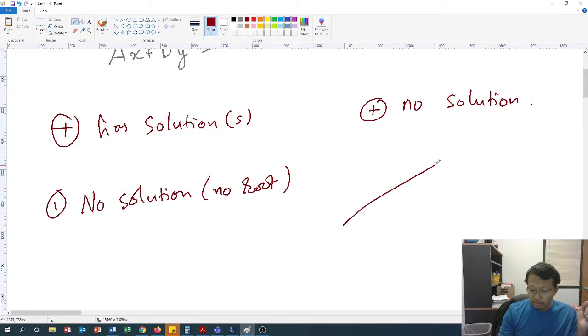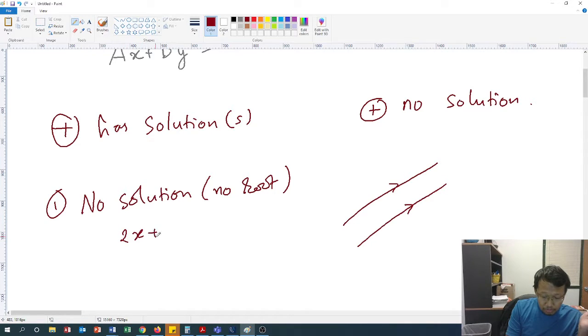It is this kind of parallel lines. A system of parallel lines do not intersect with each other. So that's the meaning of having a solution or not. So parallel lines, some equation just like 2x plus 4y equals 6, or let's say equals 5.